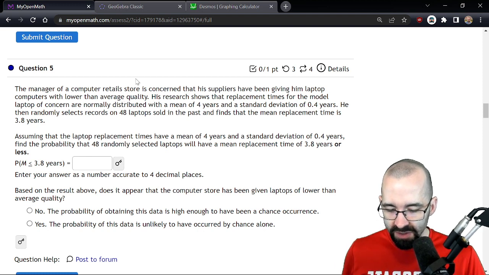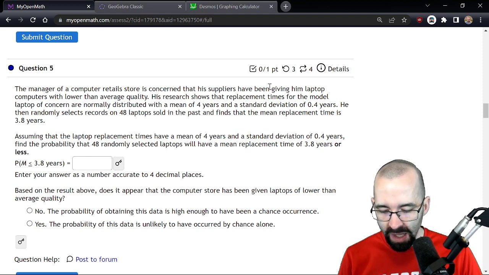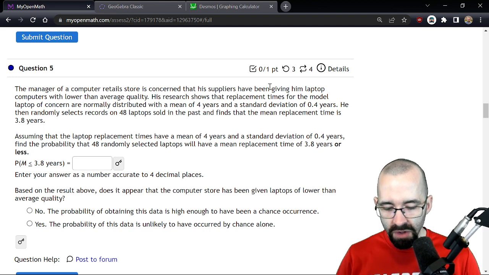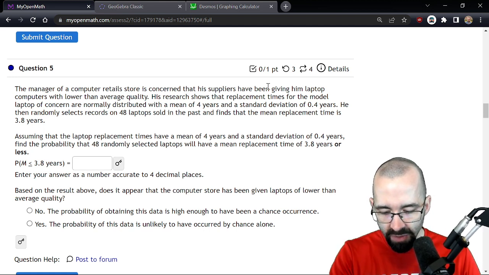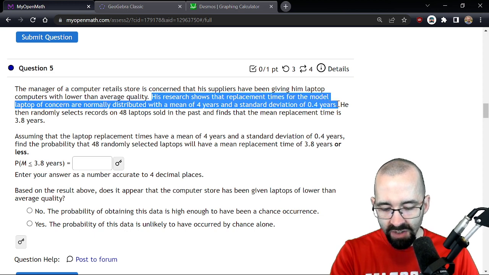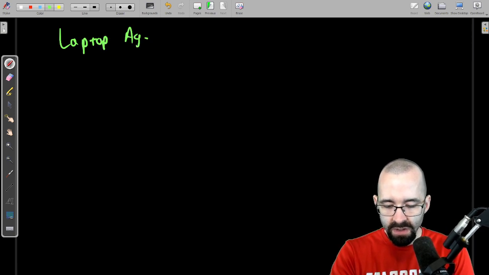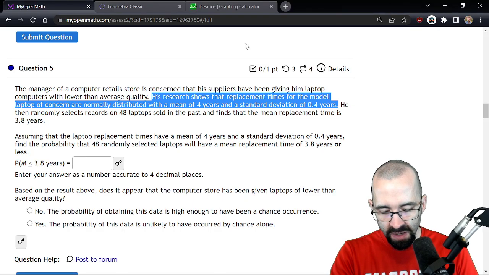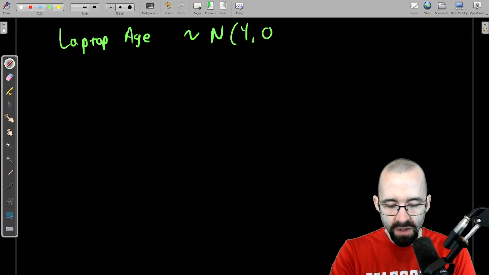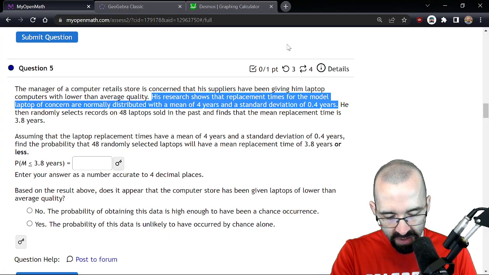The manager of a retail store is concerned that his suppliers have been giving him laptop computers with lower than average quality. His research shows that replacement times for the model laptops are normally distributed with a mean and standard deviation as follows. So normally, the laptop age is normally distributed with mean 4, standard deviation 0.4. Pretty small standard deviation.